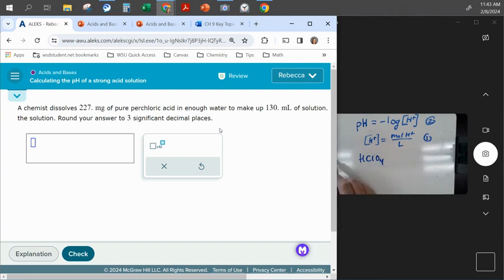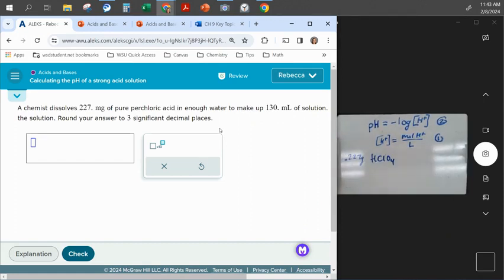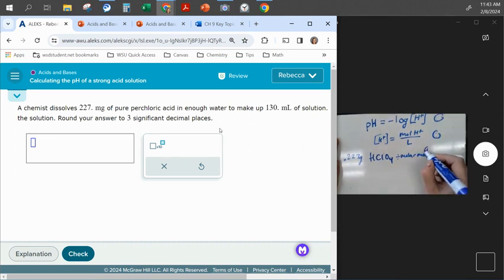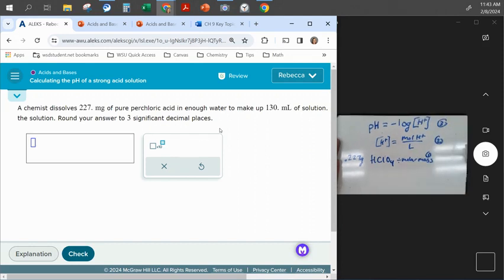Perchloric acid. So I'm going to first convert to grams, 227 grams, and then we're going to divide by the molar mass. This is the first thing that we do. And then we divide by volume, and then we check for the pH.